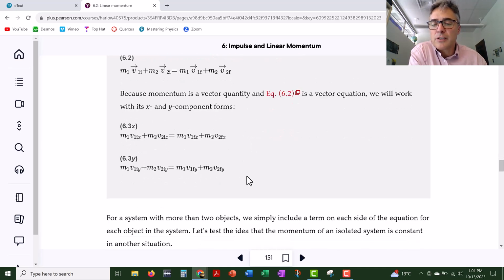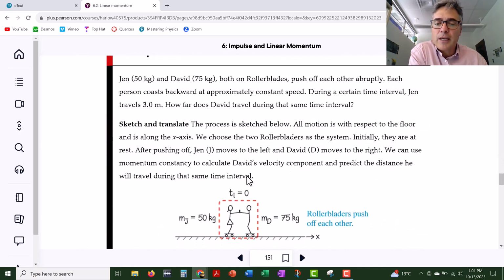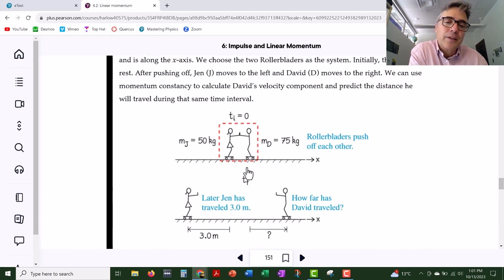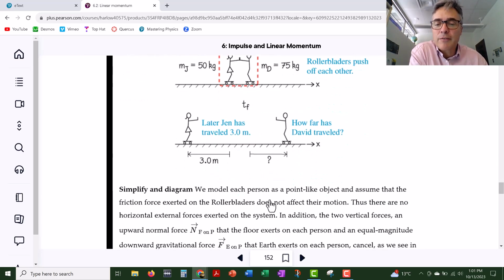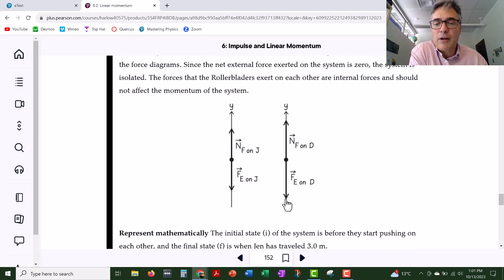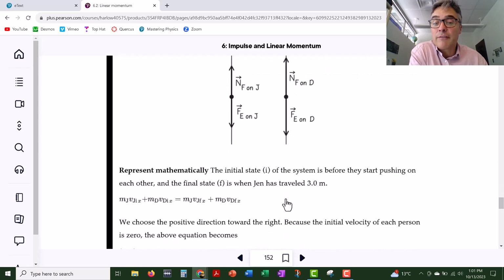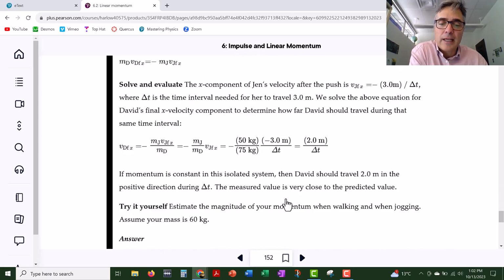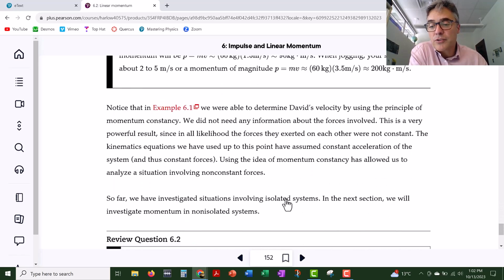It doesn't necessarily change. They give the example of two rollerbladers pushing away from each other. The normal force and the gravity force cancel out, so you get zero net force on the whole system, and that's why momentum is conserved in that case.